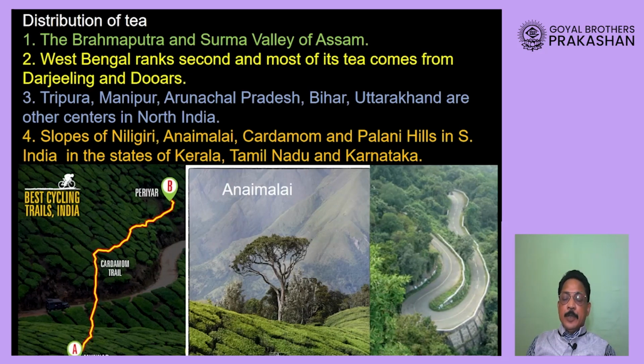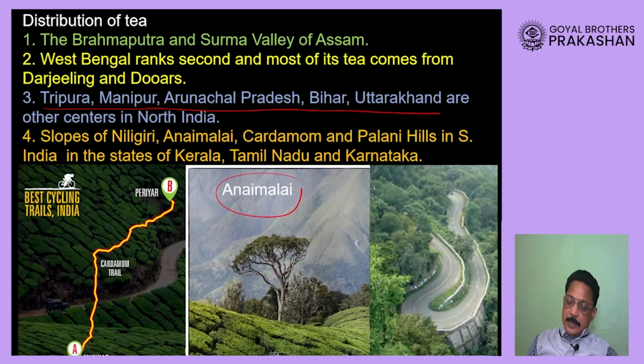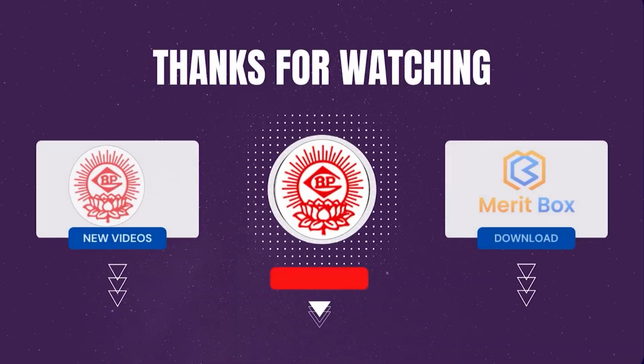Then Manipur, Tripura, Arunachal Pradesh, Bihar, Uttarakhand are other states, and in South India, Nilgiri mountain is very famous. Nilgiri mountain as well as Annamalai mountain in Tamil Nadu, Karnataka and Kerala regions are also very well known for tea cultivation. Okay.